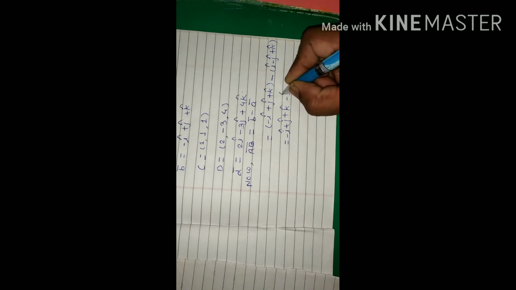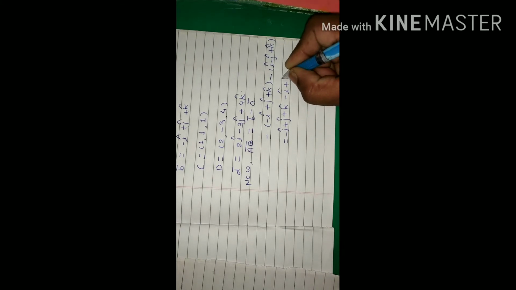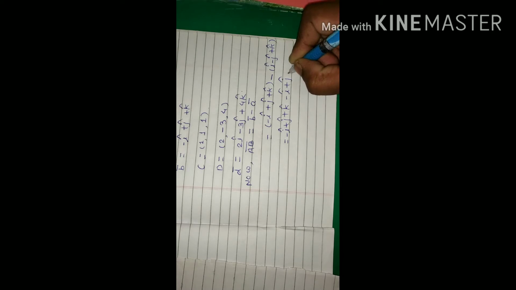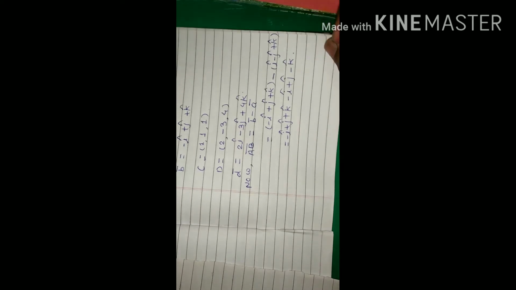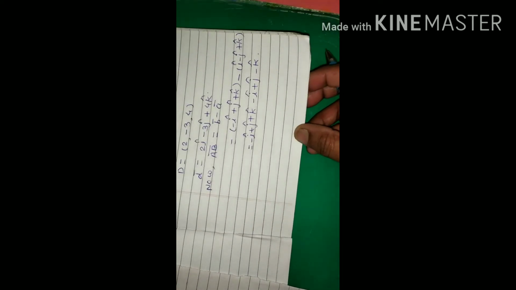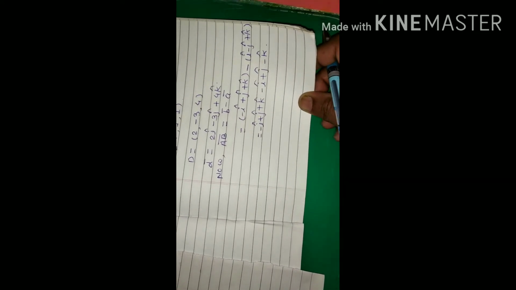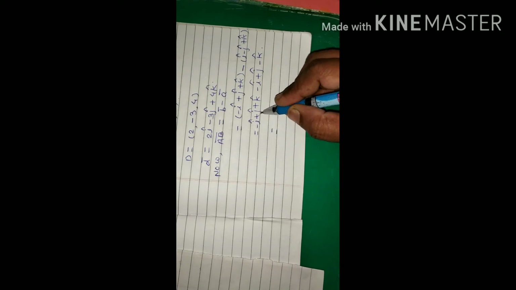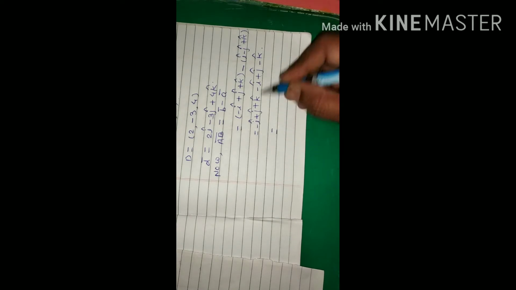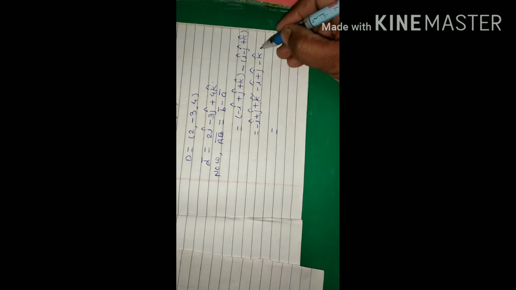We get minus i cap minus i cap, plus j cap plus j cap, and plus k cap minus k cap.